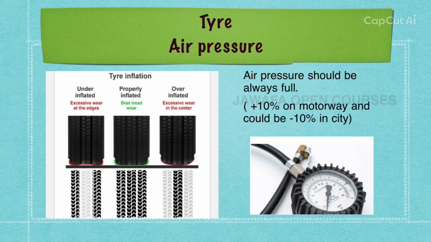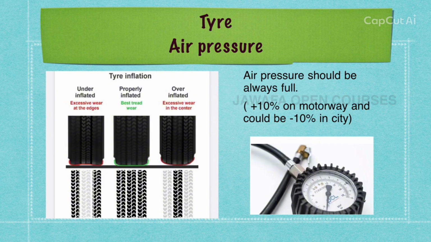And secondly, when you are traveling on the motorway, you should try to have the air pressure in your tire be 10% more than what it should be. And if you are driving in the city, it can be 10% less, and that's fine.